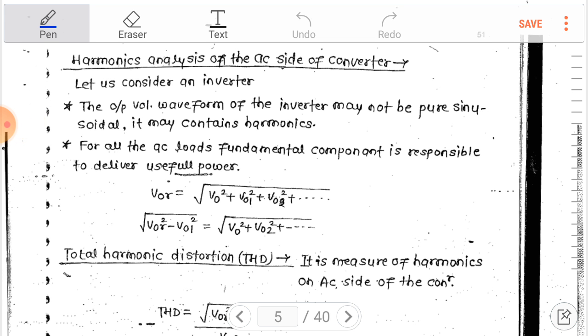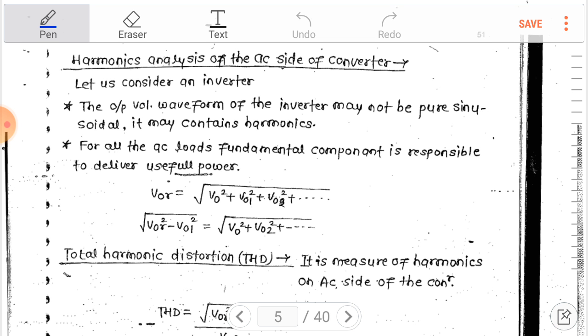With a single phase voltage source inverter we get a square wave, and with 3 phase we have a stepped waveform, and we have harmonics of around 31% in 3 phase and 48% in single phase. So there we also consider the harmonic analysis at the AC side.